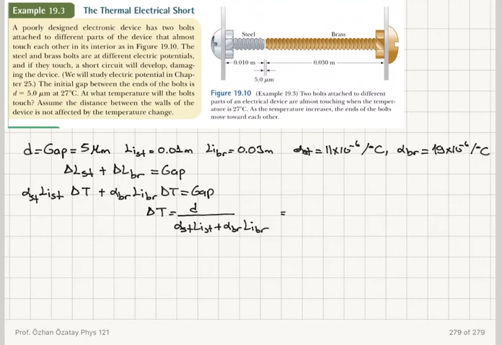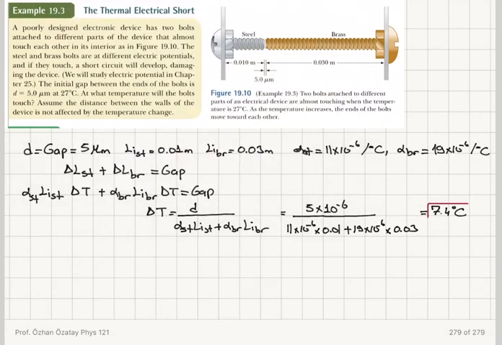So this will be 5 micrometers, which is 5 times 10 to the minus 6 meters, divided by alpha steel, 11 times 10 to the minus 6, times 0.01, plus alpha brass, 19 times 10 to the minus 6, times 0.03, and here I find 7.4 degrees Celsius as the answer to this question.